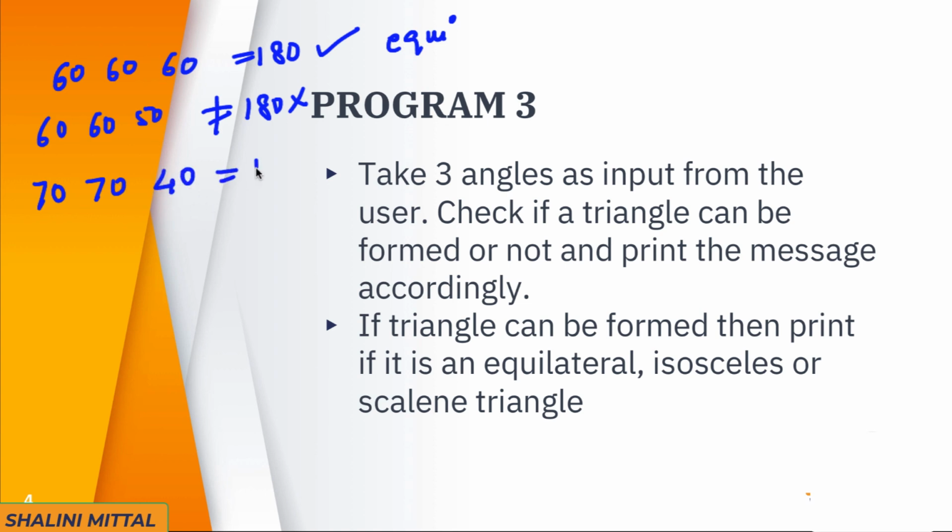Okay, is it equal to 180? Yes. Two angles are equal, not all the three. It's an isosceles triangle. If I take the values as 60, 80, 40. Sum is 180. Yes. No angles are equal. Yes. It's a scalene triangle.